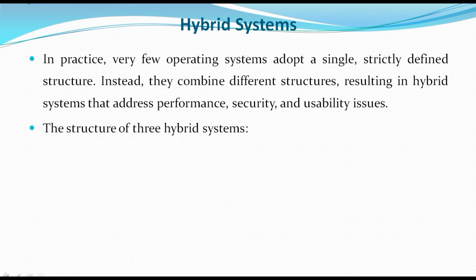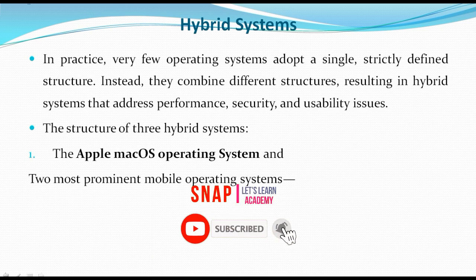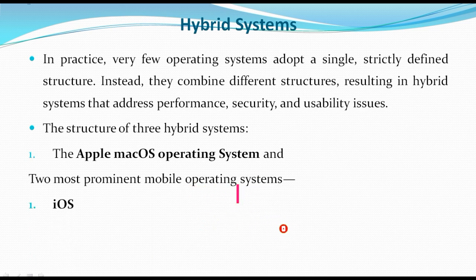There are three hybrid systems we have: the Apple Mac OS operating system and the two prominent mobile operating systems, one is iOS, another one is Android. So these are the three hybrid systems we have.